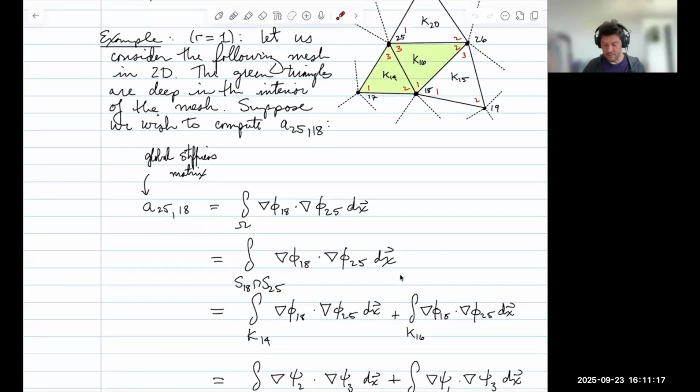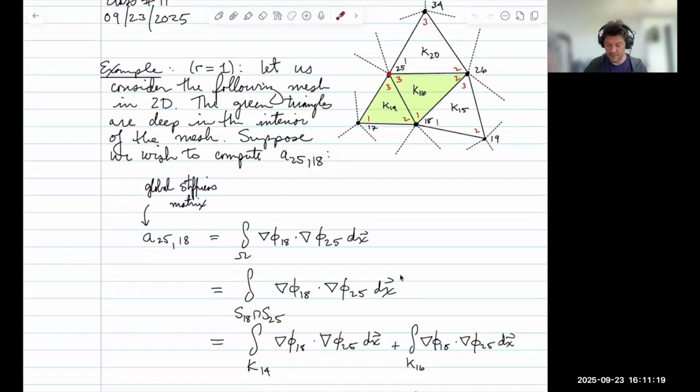Outside of their supports the functions are identically 0, so their gradients are identically 0, and nothing contributes to the integral outside of the intersection of the supports. What exactly is that intersection? It's precisely equal to the closure of K14 and the closure of K16.